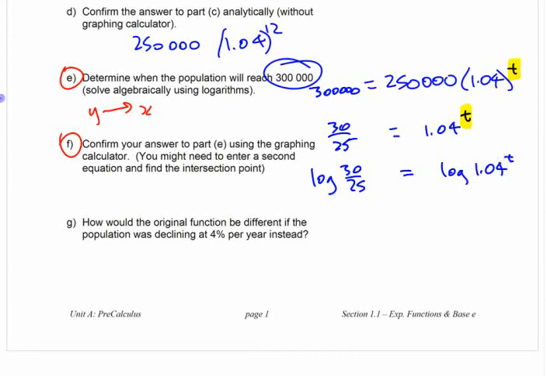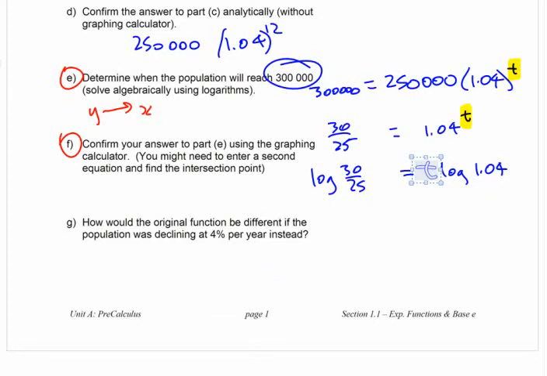And then something that most Math 12 students are good at is they remember this rule, the power rule for logarithms. They remember that, and you have to watch carefully here, okay? They remember that for that expression, that t can go in front here. Log of 1.04 to the power of t is the same as if you put that t in front, okay?